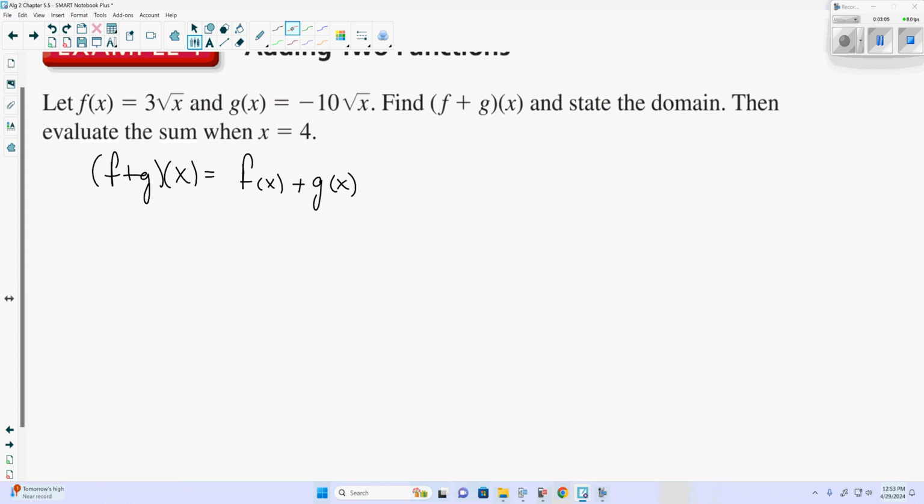Now, technically what we're going to do is plug x into f of x, which is just 3 square root of x, because all we did was replace x with x. It doesn't change anything. So essentially we're just replacing f of x with what it equals, plus, we're going to do the same thing with g of x, which is just going to give us negative 10 square root of x.